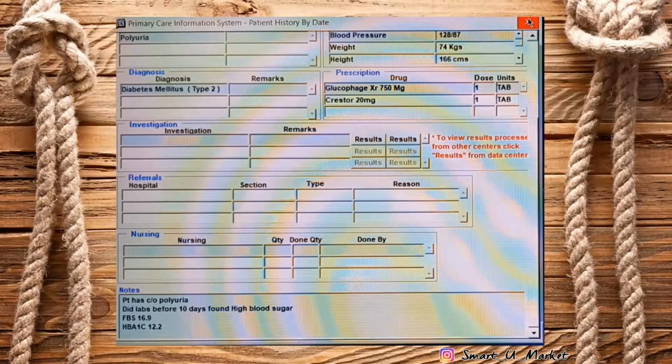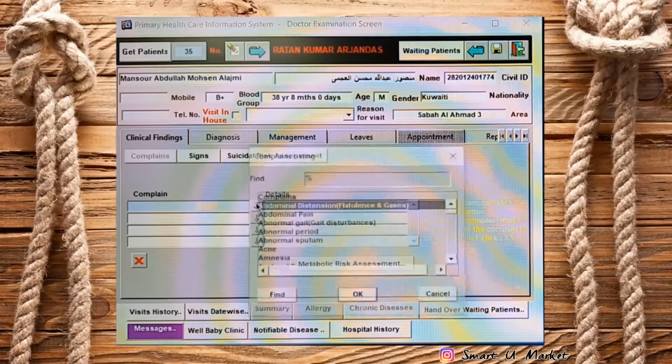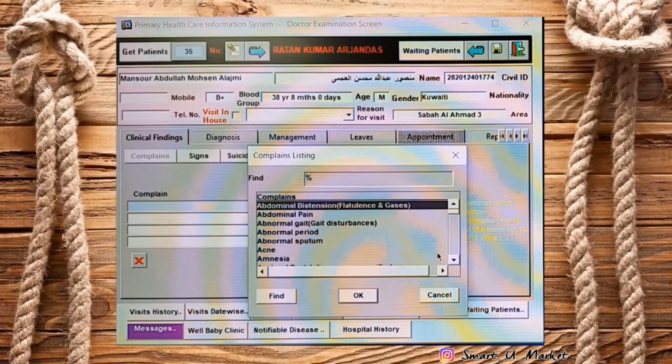So when we go back, our aim starts from here. When the patient comes to our clinic and is with us, when we start asking the history, we have to write at least the patient's complaint, whatever he or she has.